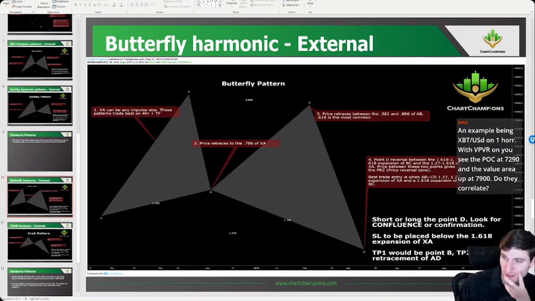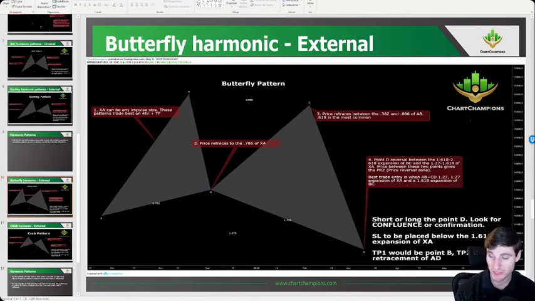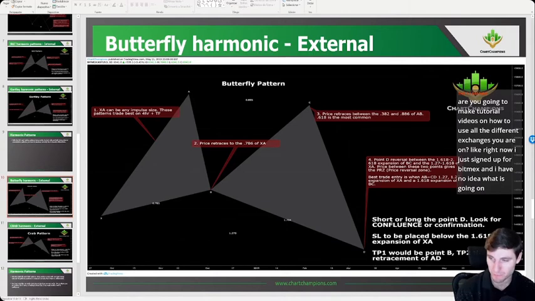How relevant is the POC on volume profile? Really good confluence. If you see, for example, point D coming down to the POC, well, that's obviously a really good confluence to have. There'll be very good, yeah. So POC is a brilliant confluence, or just a high volume node.